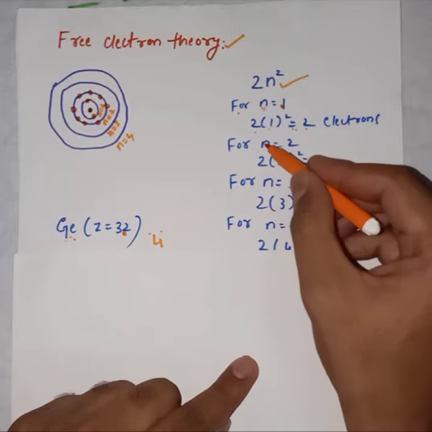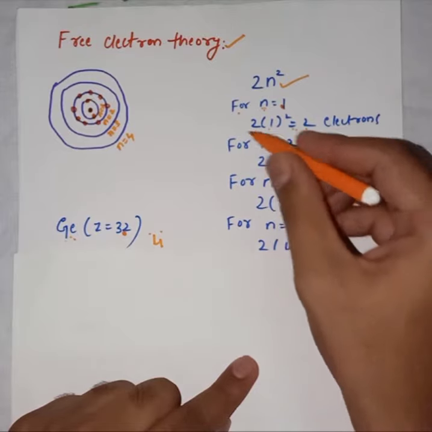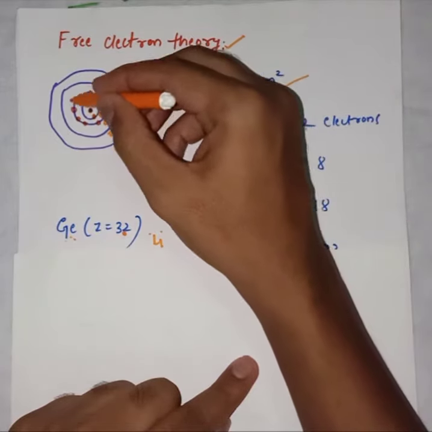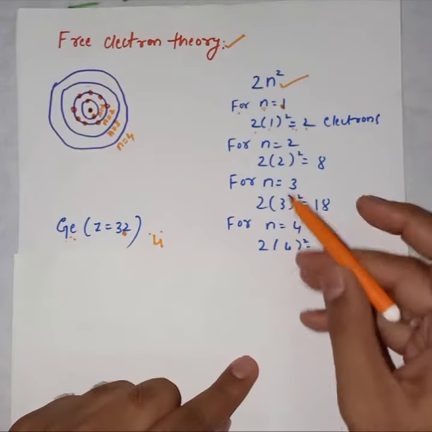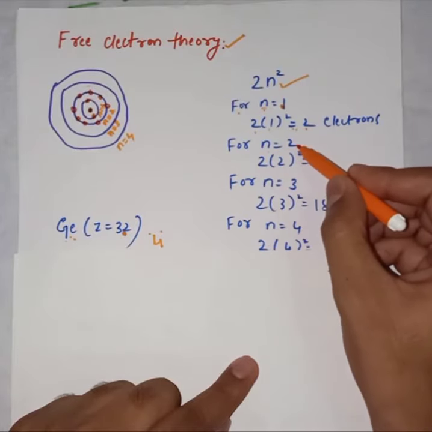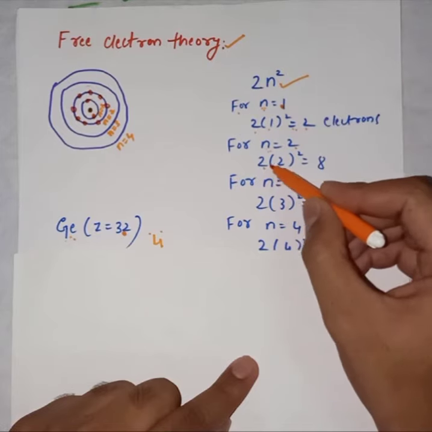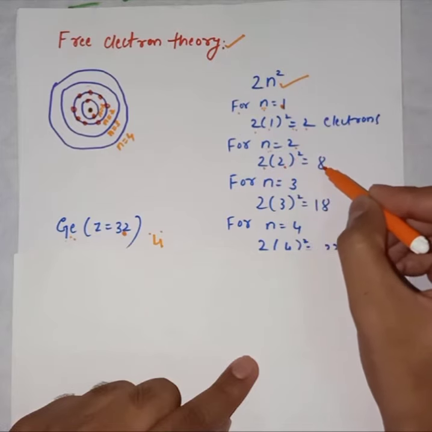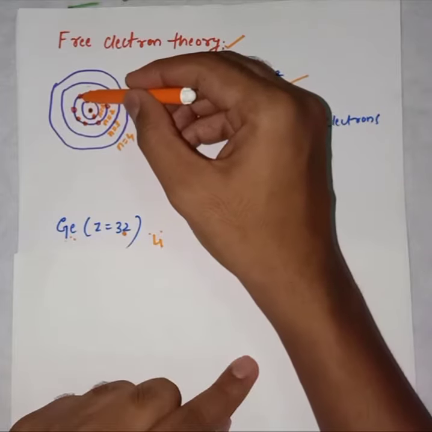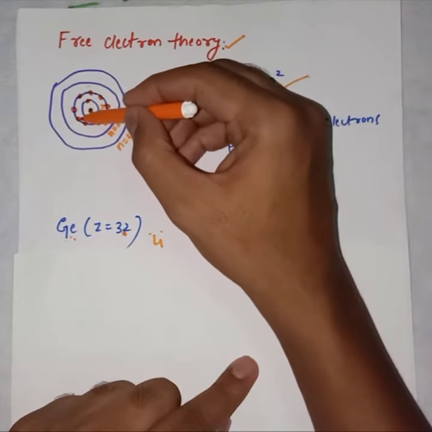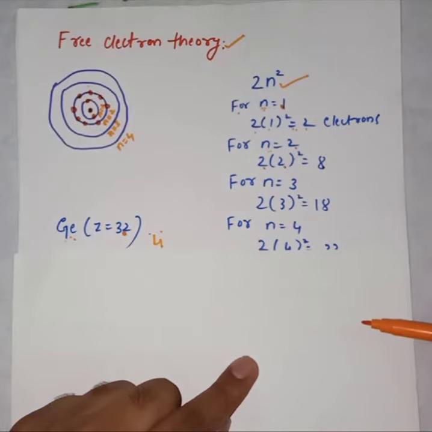Now, for n is equal to 2, you tell me. For n is equal to 2, how many electrons can fill? Substitute n is equal to 2 in this formula. So 2 into 2 square is equal to 8. So maximum 8 electrons can fill in this orbit.